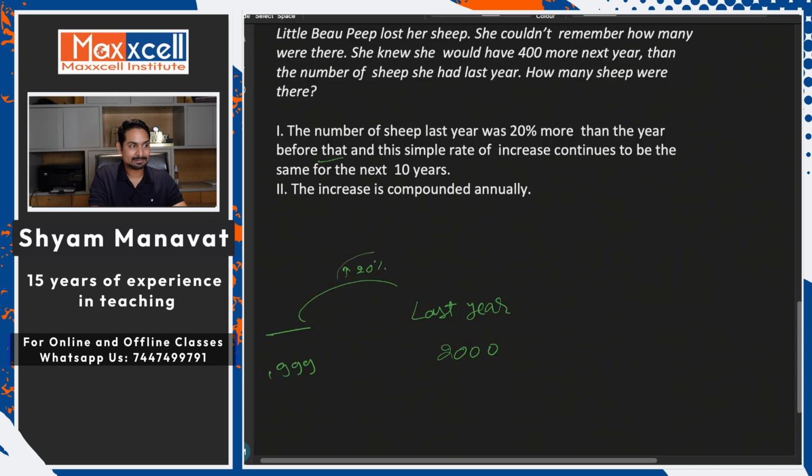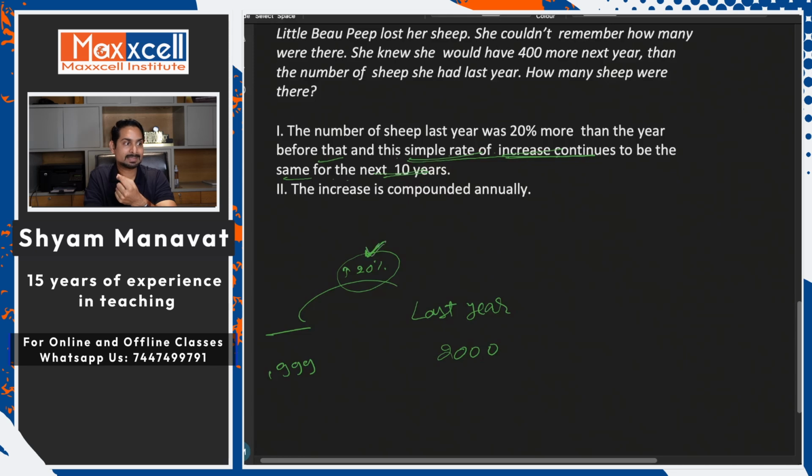There is an increase of 20%, and this simple rate of increase, 20%, continues to be there same as next 10 years. This simple rate of increase, which simple rate of increase?